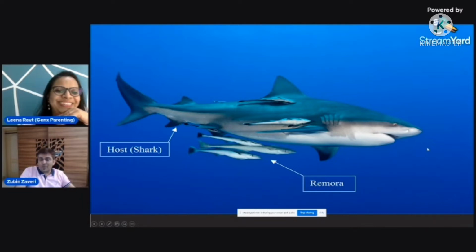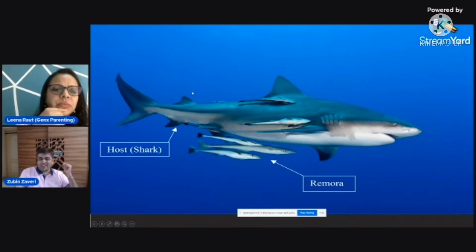The shark will eat you up. You will be killed. The shark will eat that small fish up. So it is not possible for a small fish to come ahead of this shark or whale. If this small fish wants to survive in this ocean, then what does it need to do?